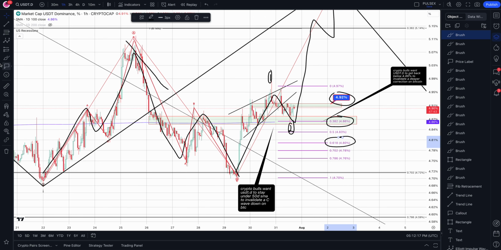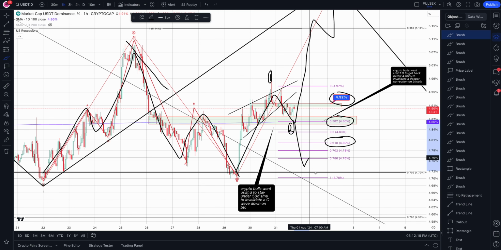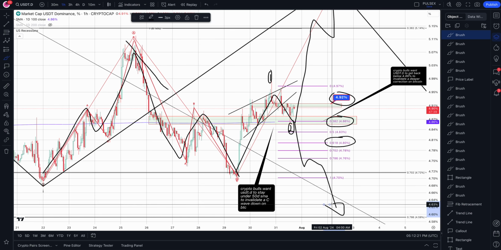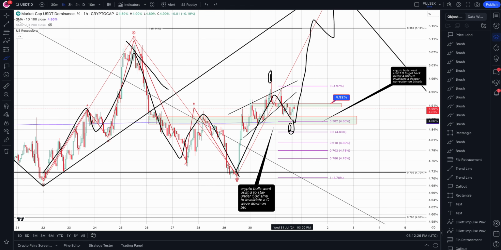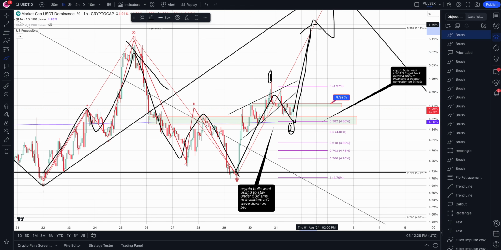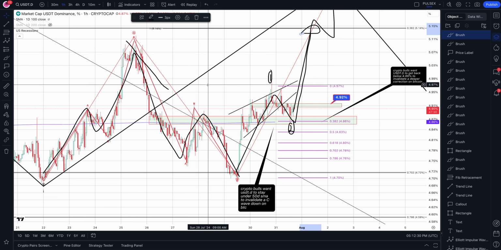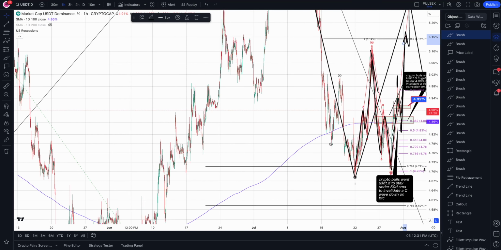Then we can say that Bitcoin is going to continue its way upwards rather than having a little bit of a throwback before higher. So I think this chart is very important.